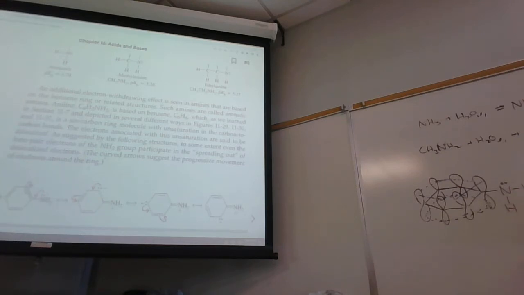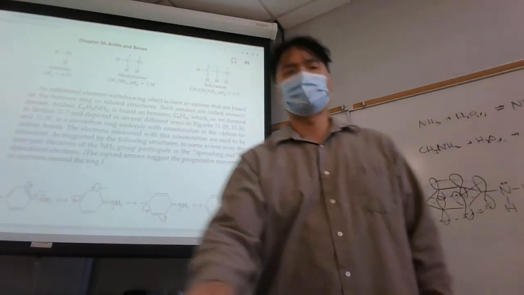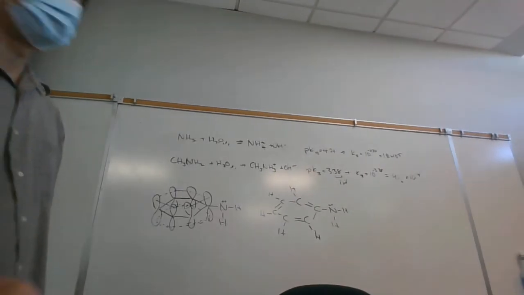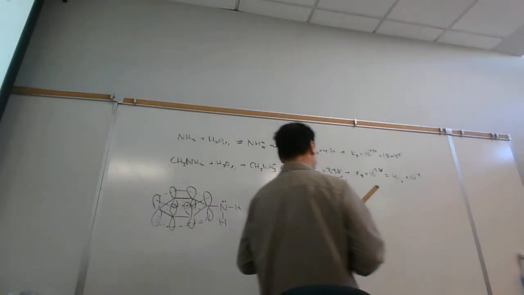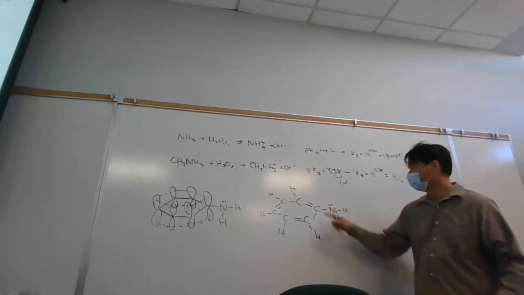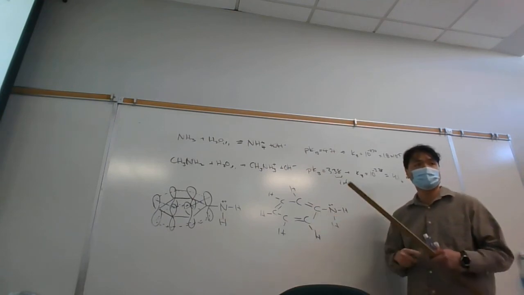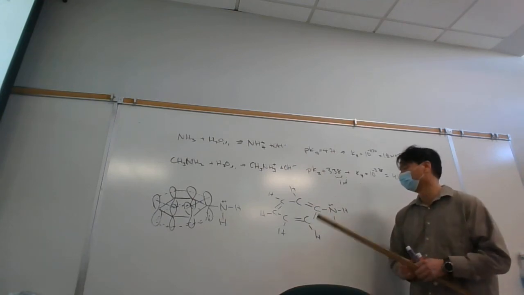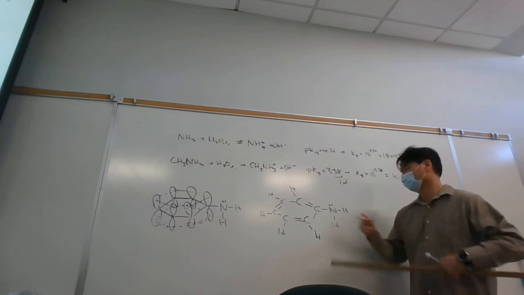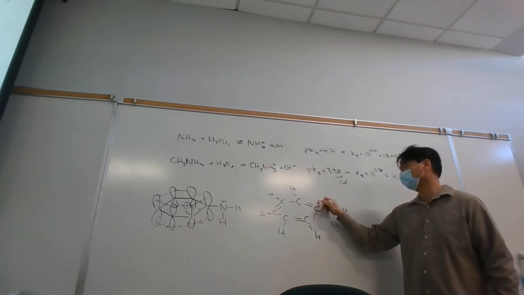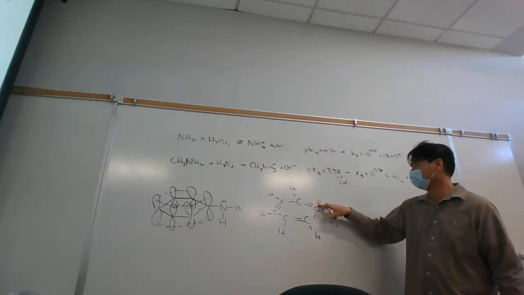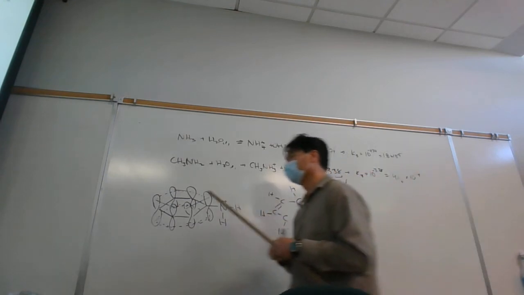What's the oxidation state of this carbon? Okay, so we have 1, 2, 3. This carbon would be a plus 1. Oh, that's oxidation state, that's not formal charge. I usually circle oxidation states.